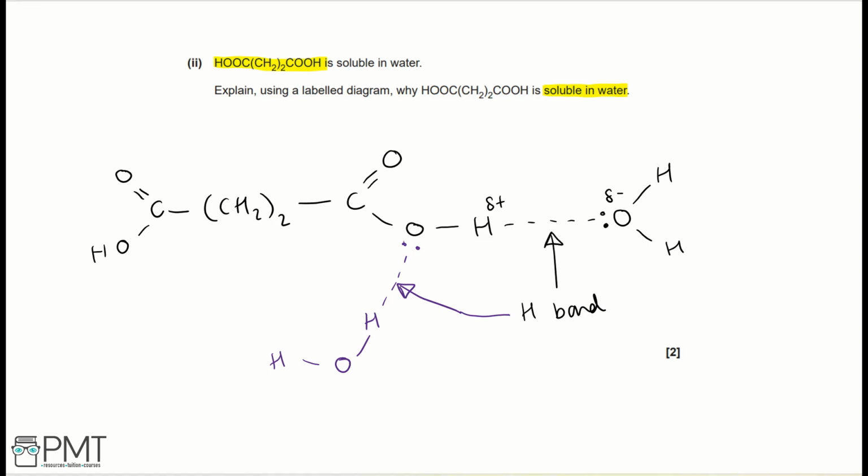So on this alternative one, you'd have a negative dipole here and a positive dipole here on the hydrogen. So you get a mark for your dipoles, and then you get your second mark from making sure that it's going from the lone pair on oxygen to a hydrogen and that you've labelled it as a hydrogen bond. That gets you your second mark.